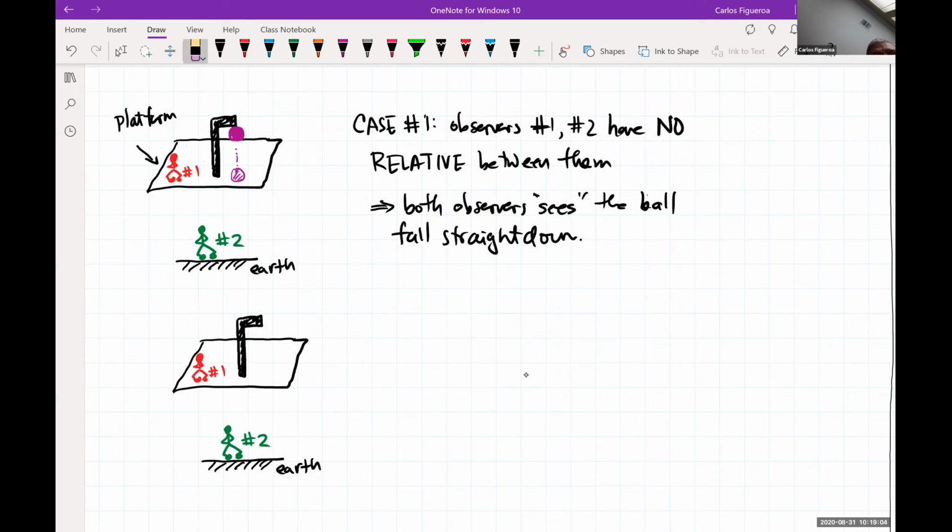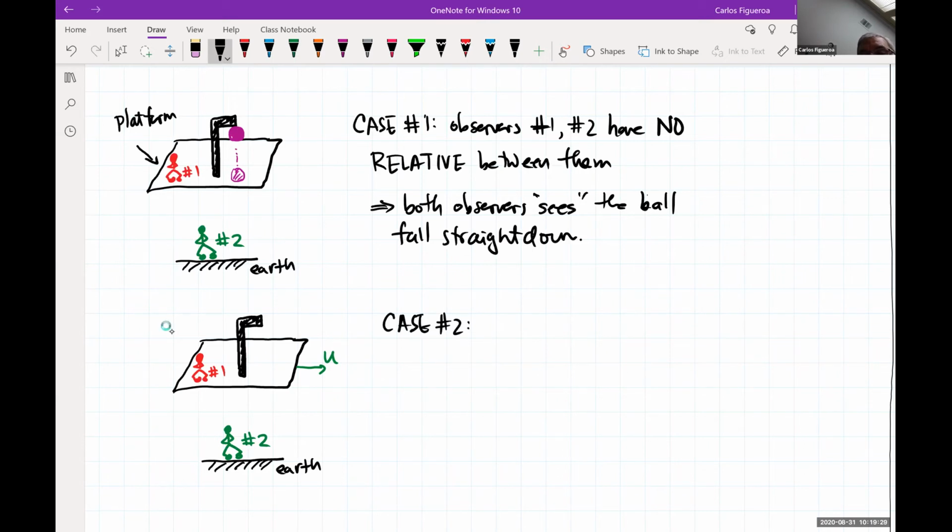I have the exact same setup, but what's going to happen now is that this platform is moving at some relative speed. That means the platform is moving relative to observer 2. So this will now be case number 2.